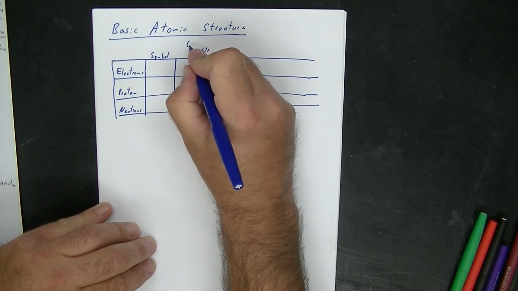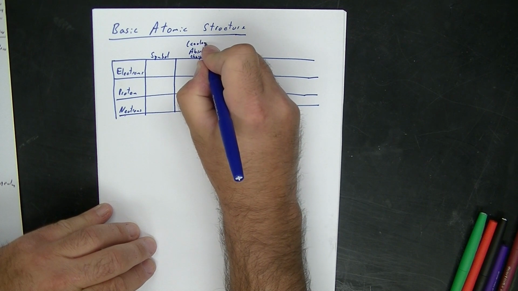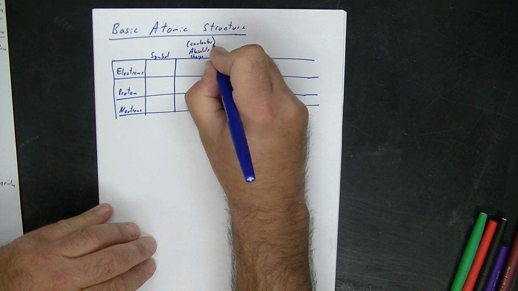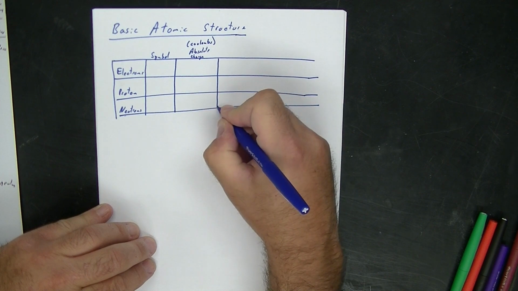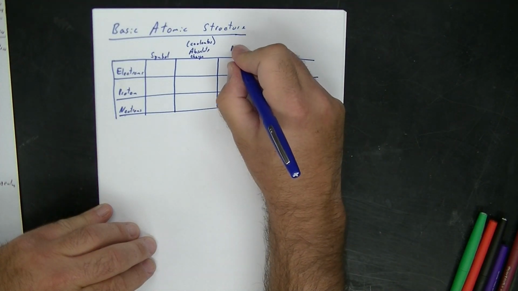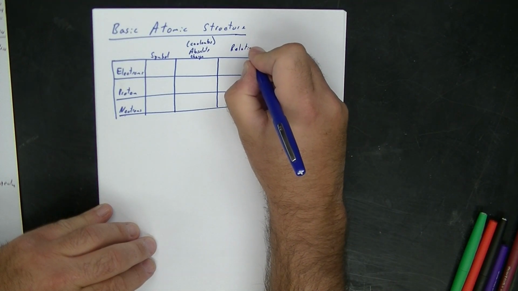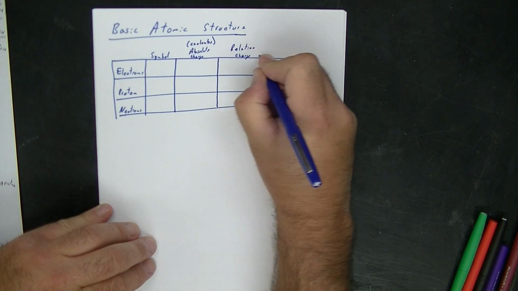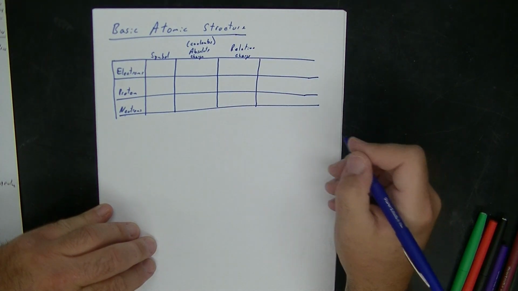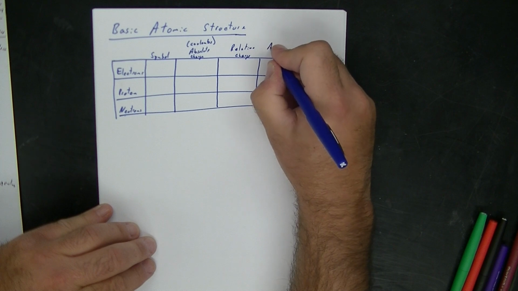And this is in coulombs. And we have relative charge. We have absolute mass.